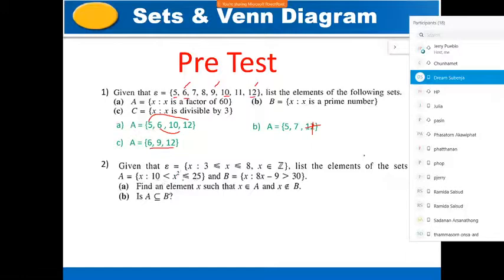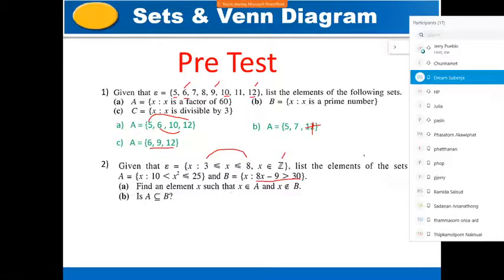It means to say the result if you square it is more than 10 and less than or equal to 25. Where set B are the elements 8 times x minus 9 is more than 30. If you plug in the element x here, this equation should be true, no? It's more than 30. Okay. But the universal set, the elements should be from 3 up to 8, where C is the integers.